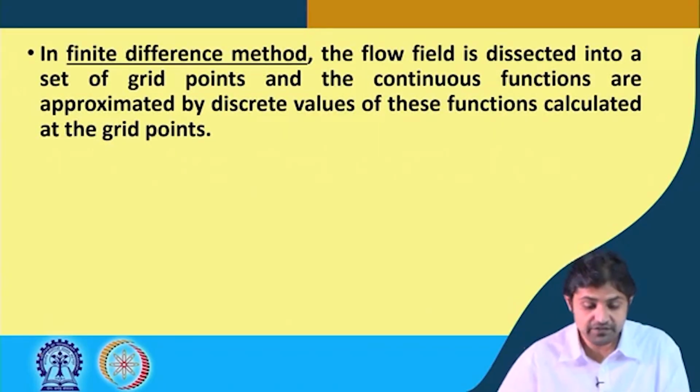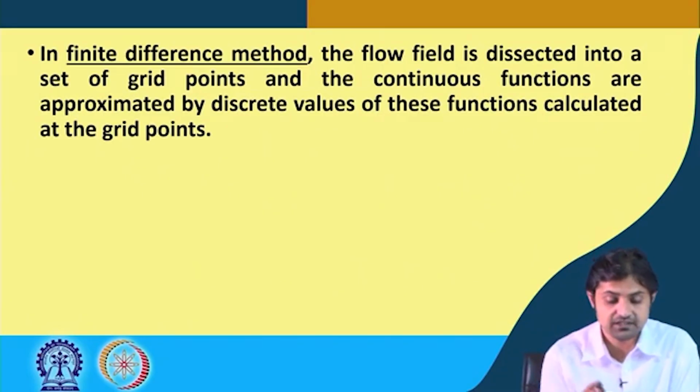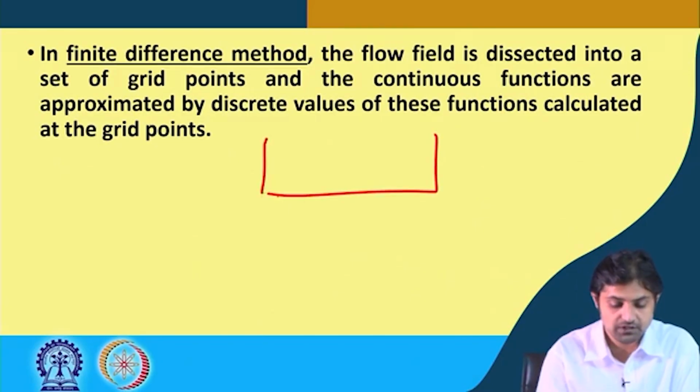In finite difference method, the flow field is dissected into a set of grid points, and the continuous functions are approximated by discrete values of these functions calculated at grid points. So, what happens in finite difference? The flow field is dissected into a set of grid points, as I showed you. So, these are grid points in x direction, these are grids in y direction.